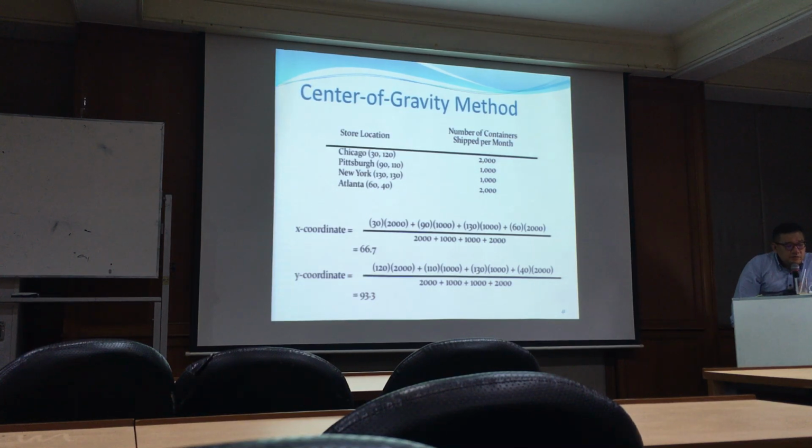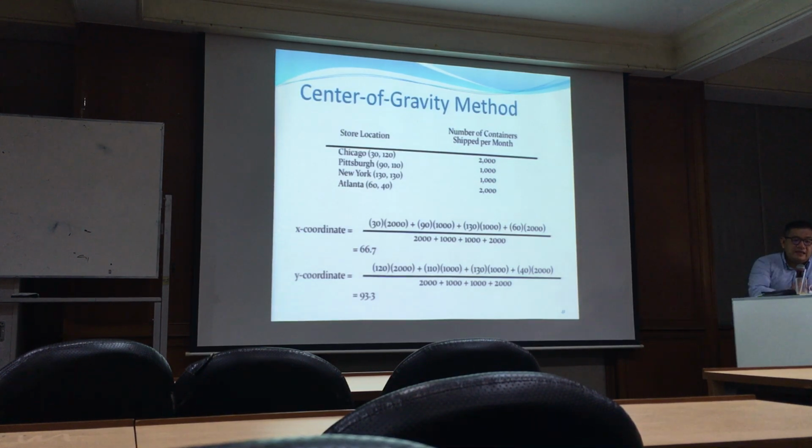For the y coordinate as well, you use the y coordinate multiplied by the quantities, and you sum up all of them and divide by the total quantities. So then you're going to have 93.3.